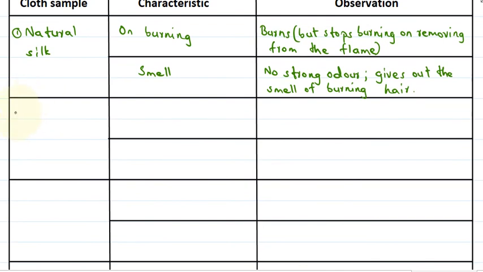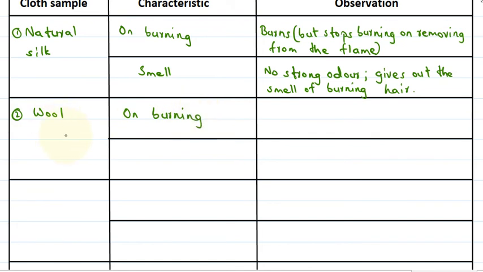Next, let's look at what happens with the next fiber that we had, that is wool. So what happens in case of wool on burning? Wool is also a natural fiber.